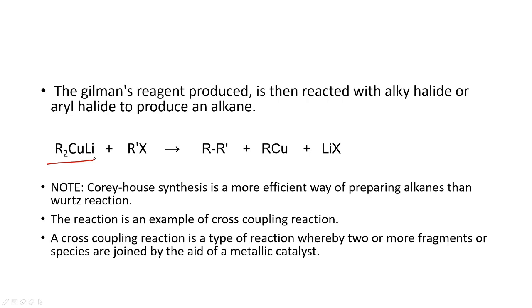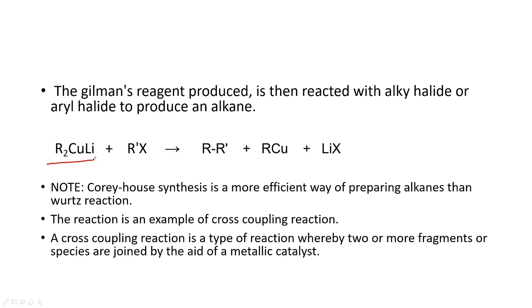You can actually use the first one you used before. You can use an alkyl halide to lead to the formation of an alkane, and one alkyl group will be lost in this reaction, and that alkyl group will combine with the copper and form an alkyl copper, and then a lithium halide will be formed. Now we can see from this equation, it's not actually a hard reaction, it's just self-explanatory. This equation of the reaction is just for you to know the intermediate form.